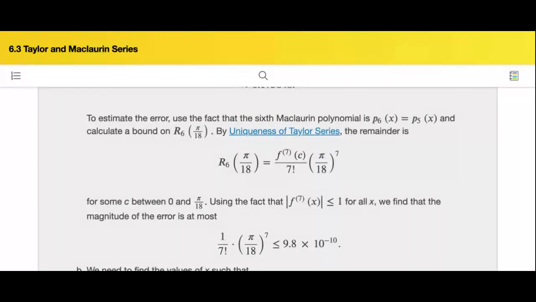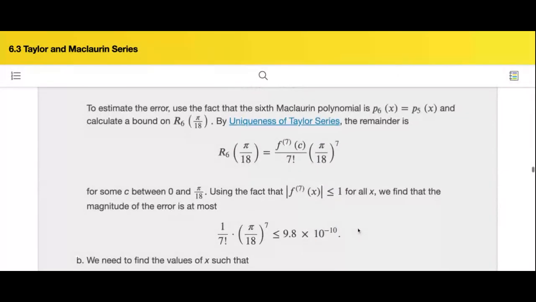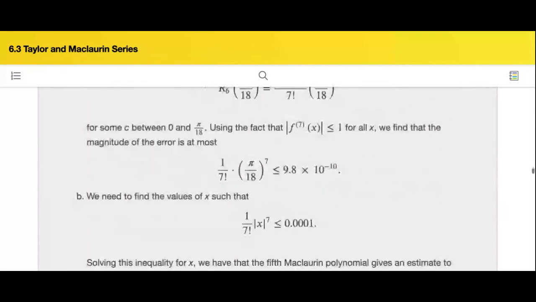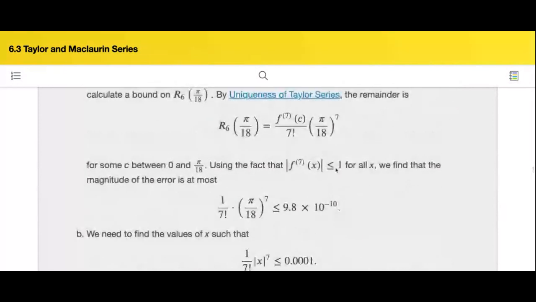The first term is always a function value. Then the second term is the first order, and so on and so forth. So we can calculate that. And then we can put this in, since we're looking for less than or equal to 1 for all x, we just calculate, right?